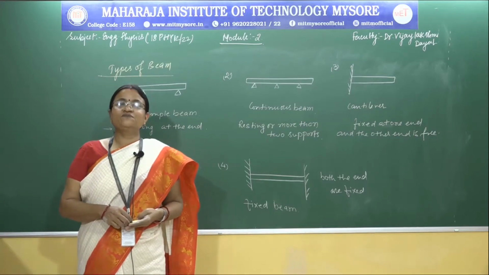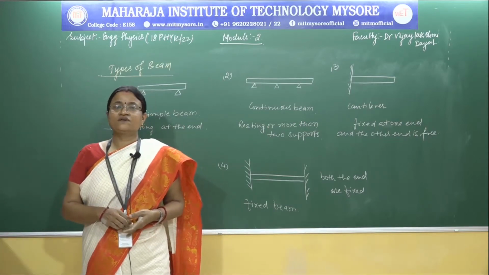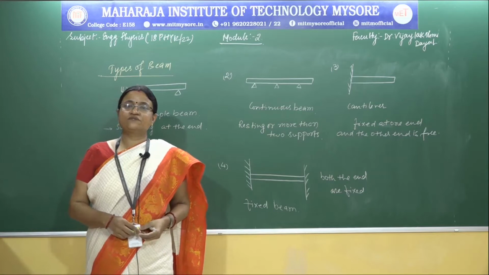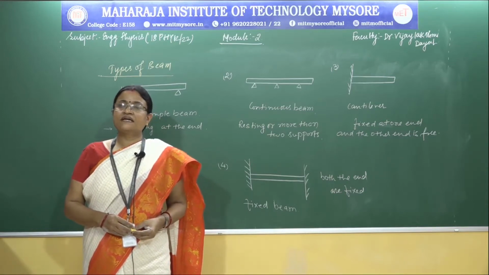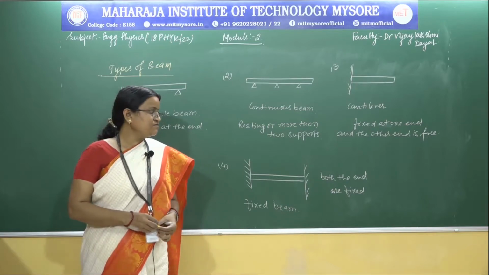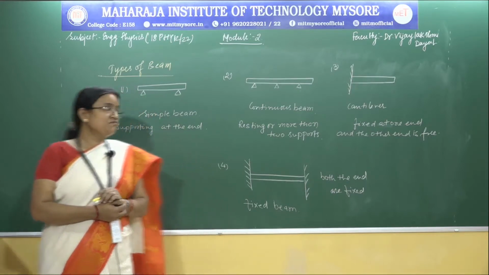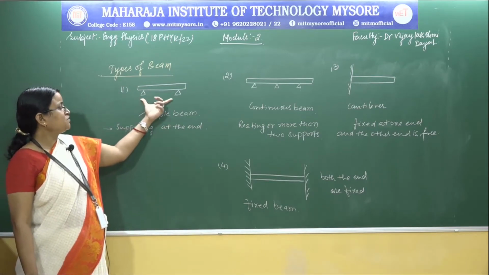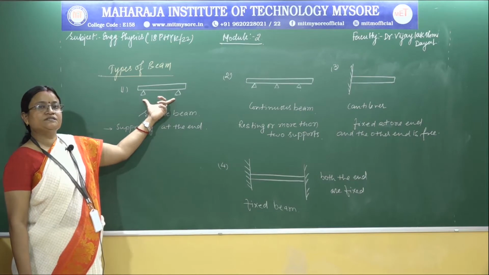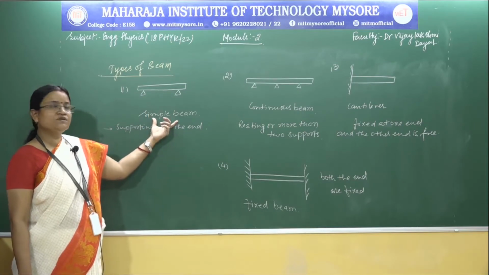So, coming to the types of beam, we are going to study here 4 types of beam: simple beam, continuous beam, cantilever and the fixed beam. So, what is simple beam? Simple beam has supports at the 2 ends, that is what we call a simple beam.